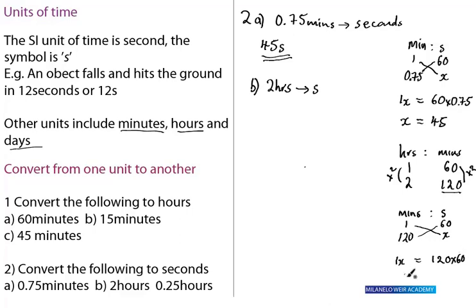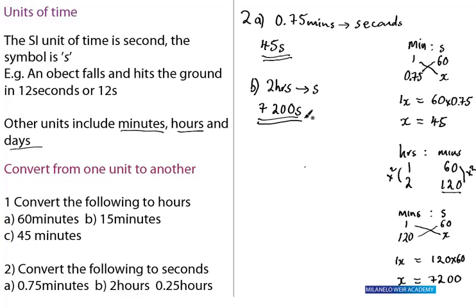So what do we get? x is equal to 7200, which means 2 hours is 7200 seconds. So this is the answer.